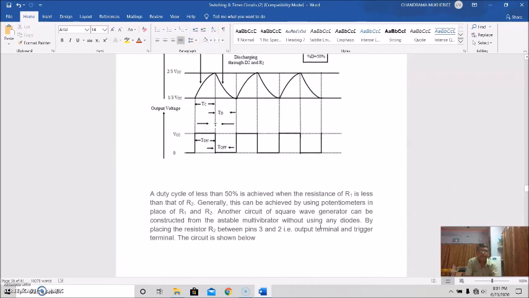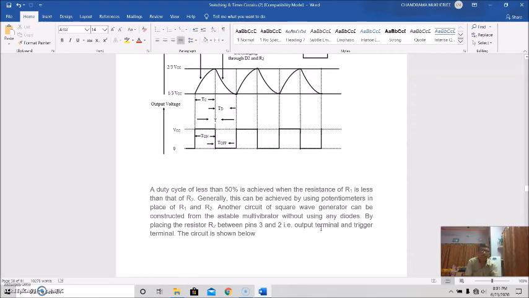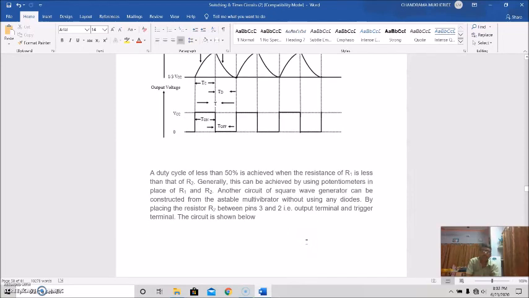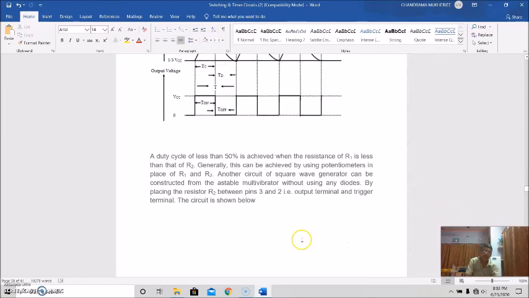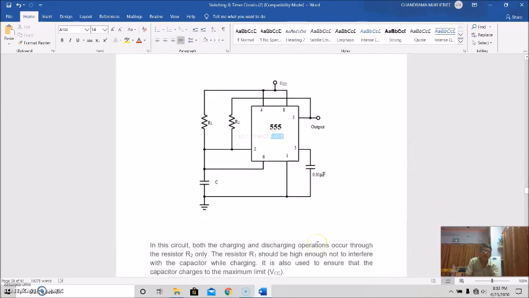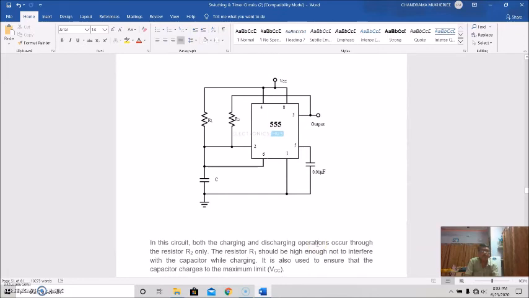Another square wave generator circuit can be constructed from the astable multivibrator without using any diodes, by placing the resistor R2 between pins 2 and 3, that is the output terminal and trigger terminal. This circuit is shown here. This is pin 2 and this is pin 3. So R2 is placed between 2 and 3.